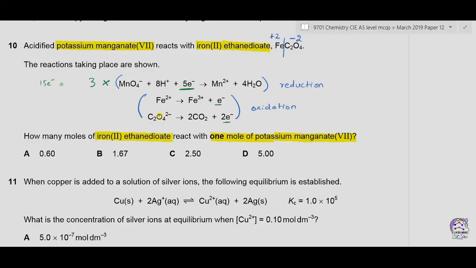And we can also multiply these two equations with 5, so it also becomes 15 electrons. After multiplying we can write 3 MnO4 negative reacts with 24 H plus and 15 electrons to give product.